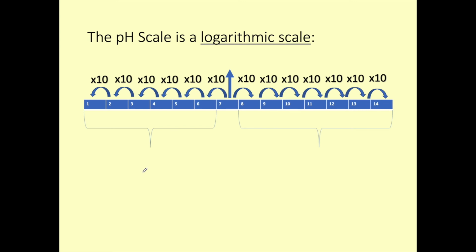So the pH scale is a logarithmic scale. Now, another logarithmic scale you might have come across is the Richter scale, and this is used to measure earthquakes. With the Richter scale, I think it goes from about 0 to 7 or 9 perhaps.